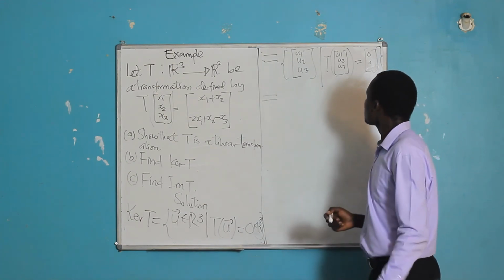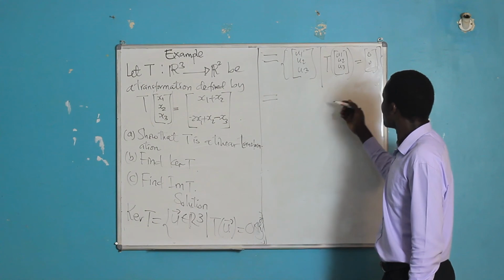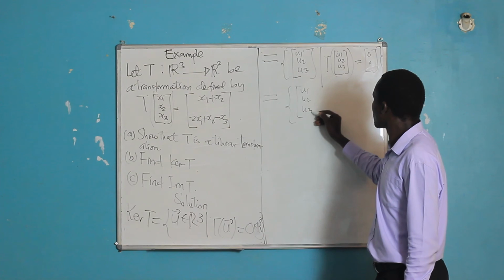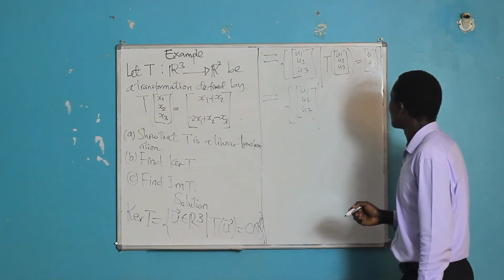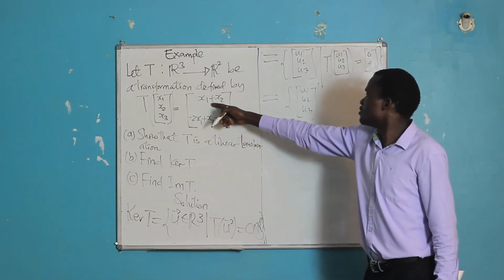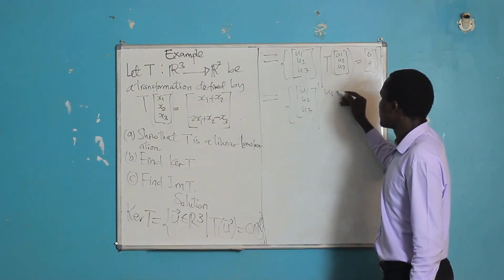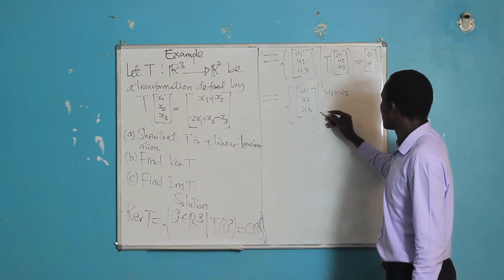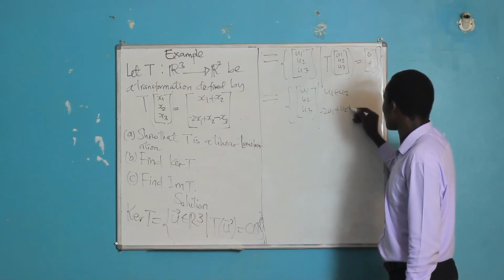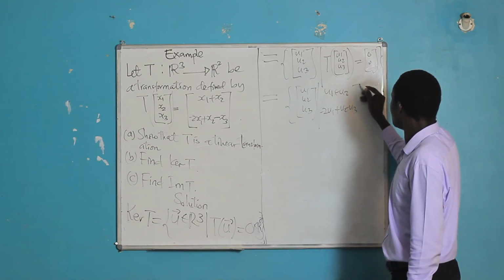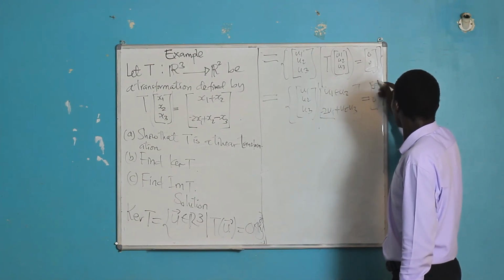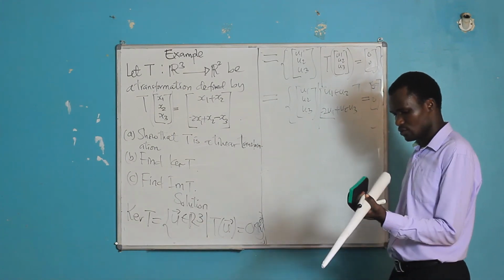And now let's find this vector, this solution. Now U1, U2, U3, such that by the definition of the linear transformation, we are referring to this one here, U1 plus U2, negative U1 plus U2 minus U3 is equal to a zero vector of two entries.